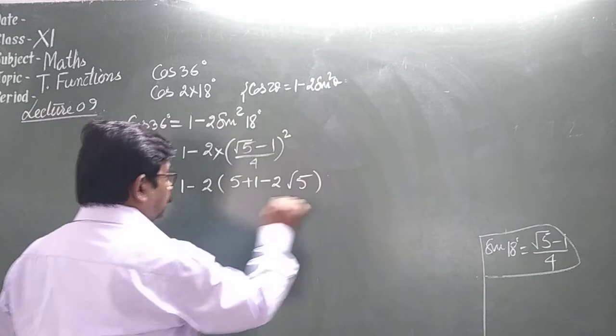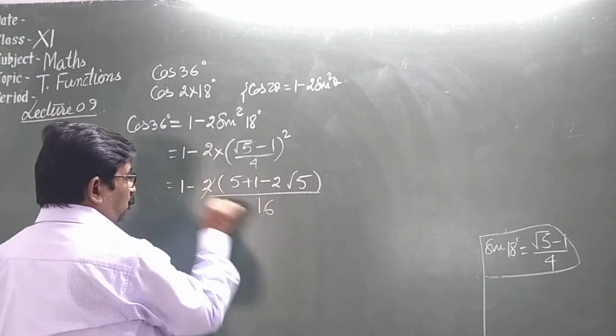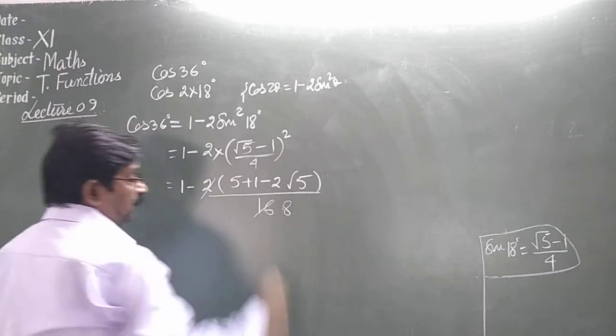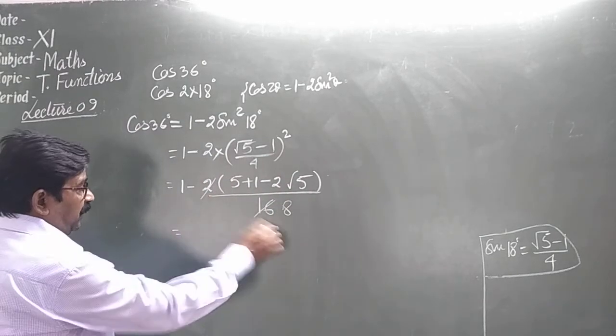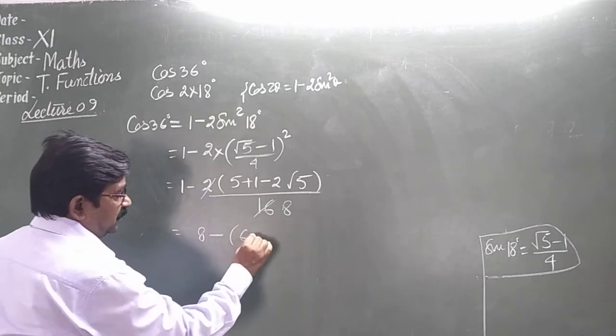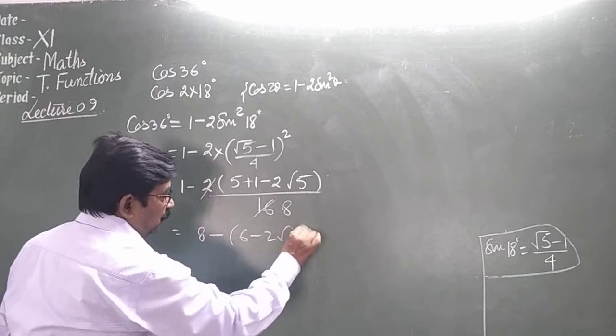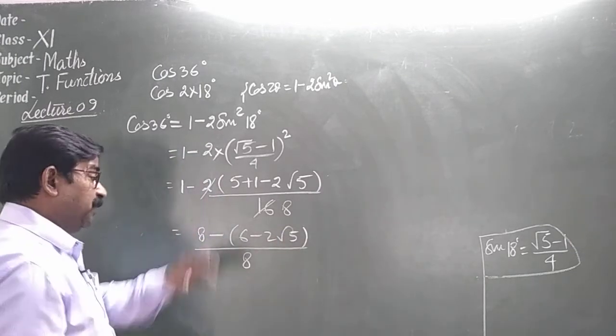So upon 16, 2 eights. Now here we have 8 minus (6 minus 2 under root 5) upon 8. Open the bracket.